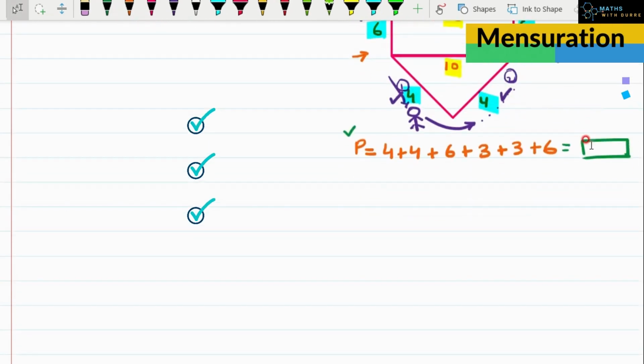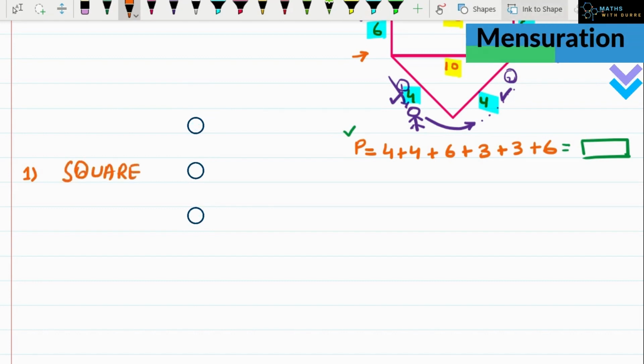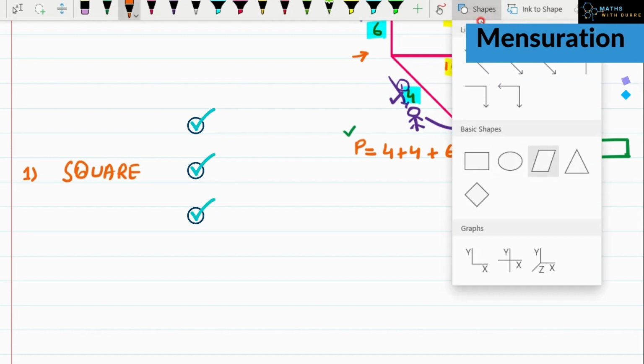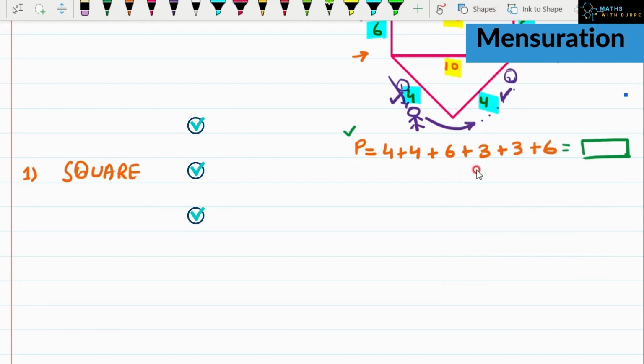Now we need to know all about the formulas of area. So let's start with the shape square. What is a square? A square looks like this.